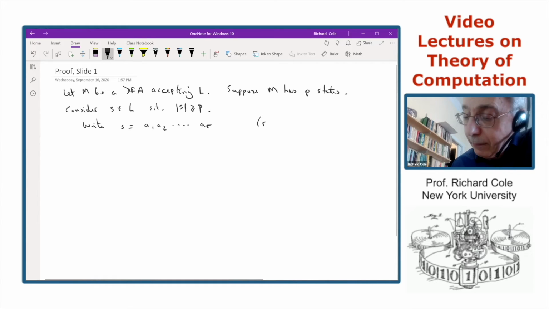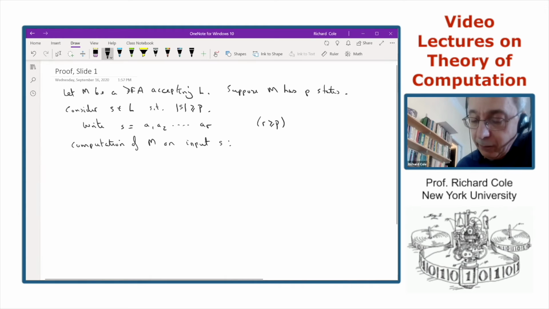Well, of course, R is at least P. And each of these A's is a character in my alphabet. And let's look at the computation of M on input S.